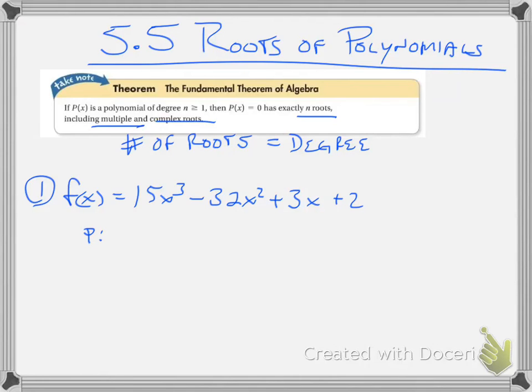So my P could either be 1 or 2, and my Q could be 1, 3, 5, or 15.